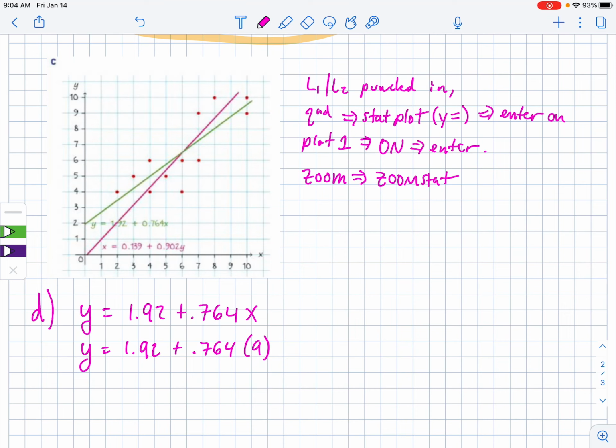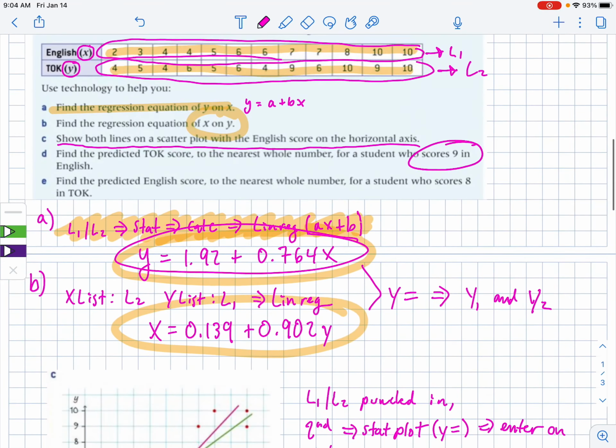When you do that, you get 9. And this is rounded to the nearest whole number because the original scores on these tests were whole numbers. So if you get a score of 9 on English, you'll get a 9 on your TOK according to this model.